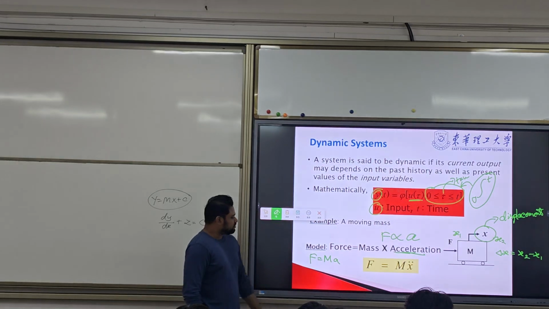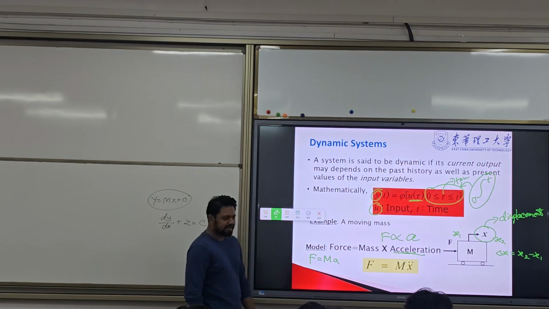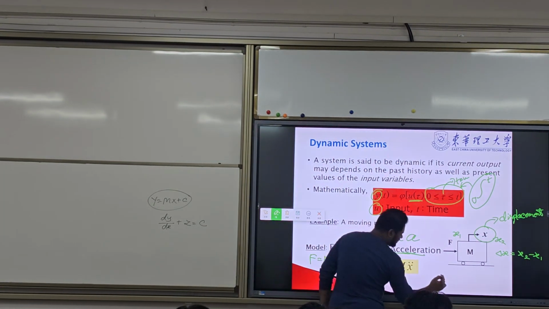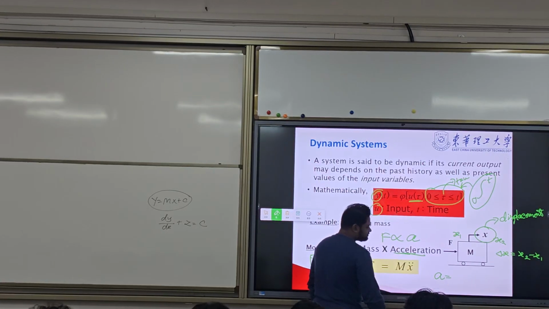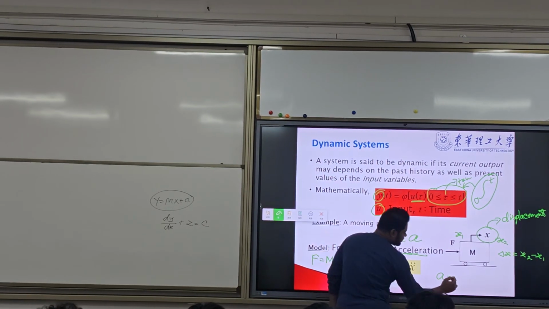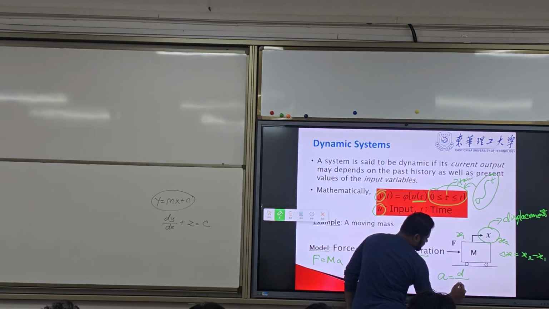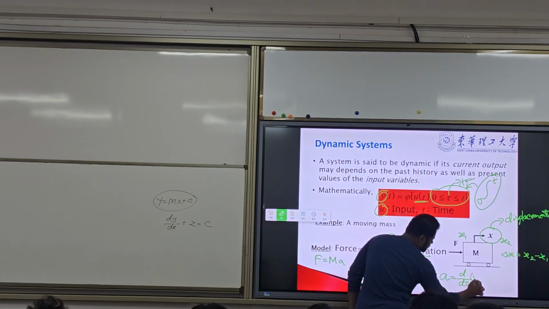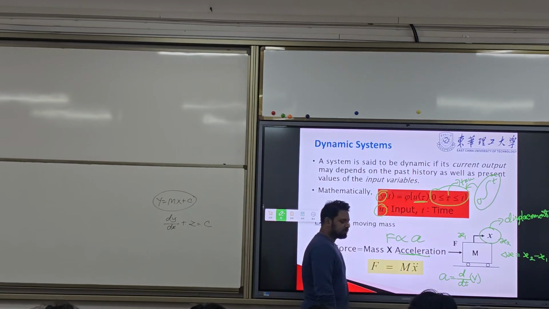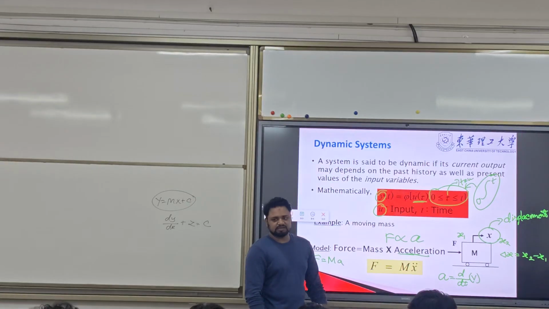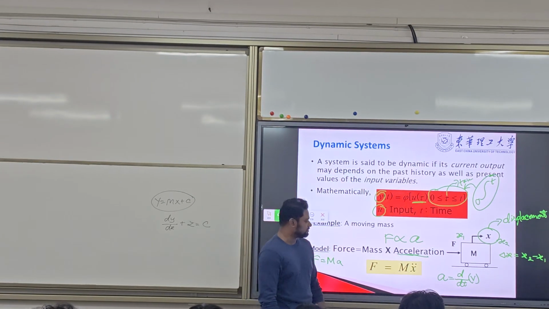We already know that. So what is this a? We call it the rate of change of velocity, dv/dt.